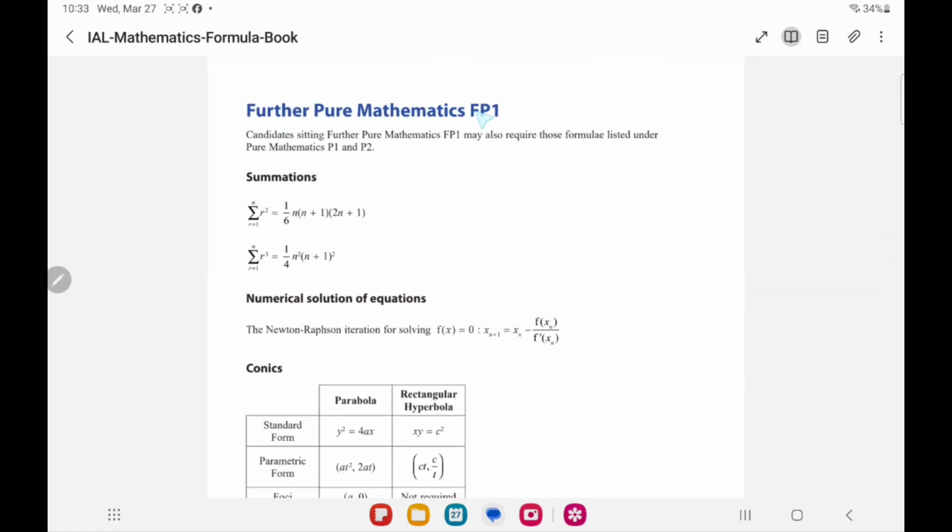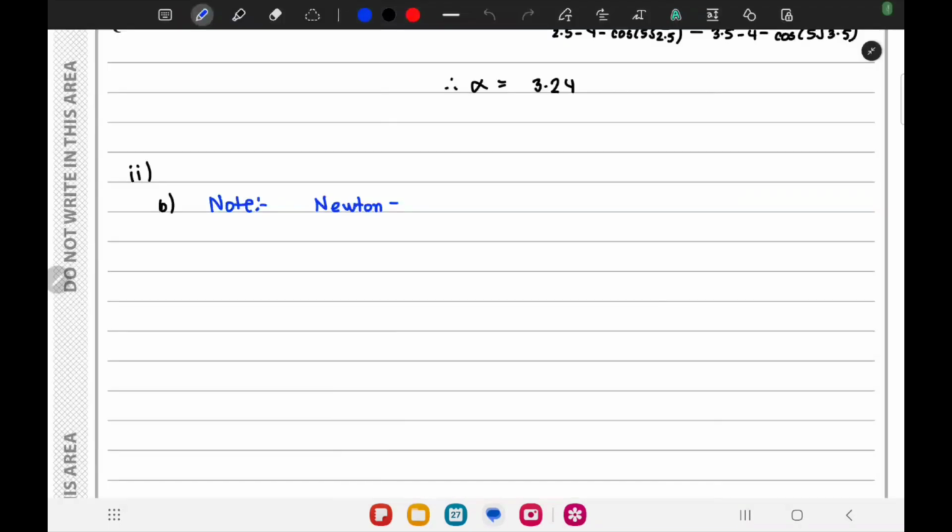So in further pure maths, in this section we'll have the formula for the Newton-Raphson procedure. So I'll write the formula over here for the procedure.